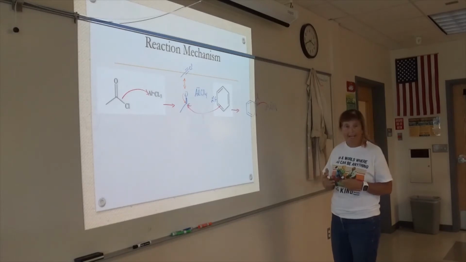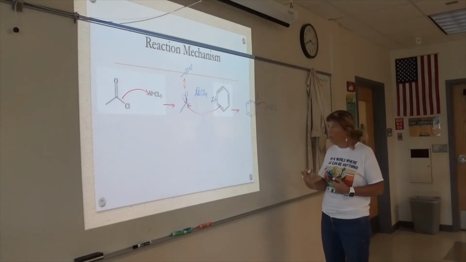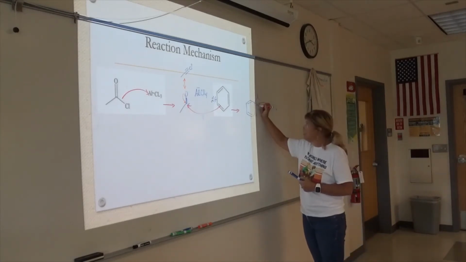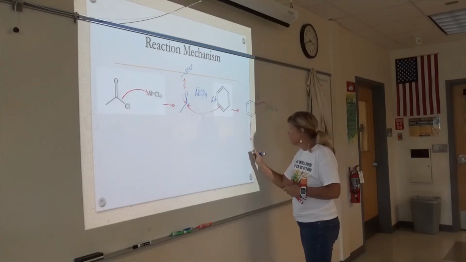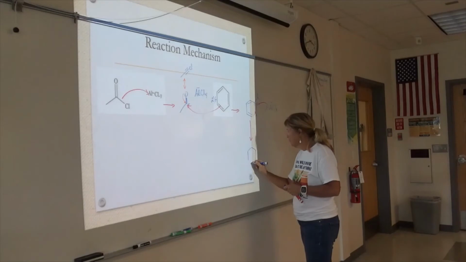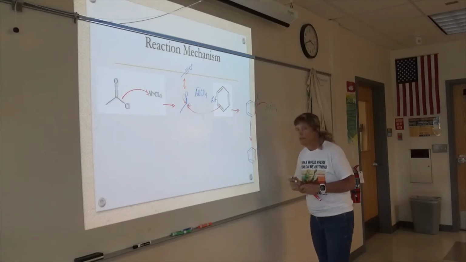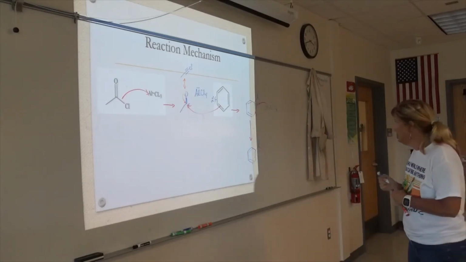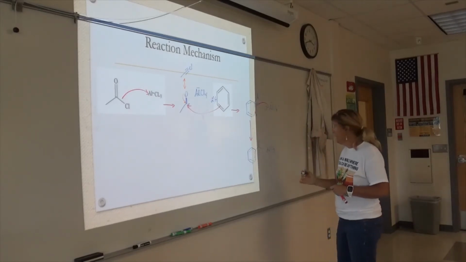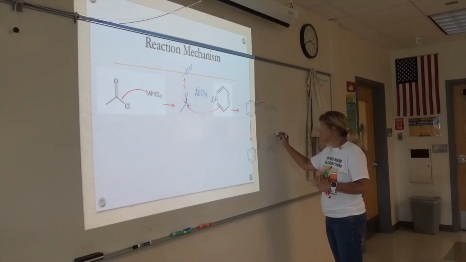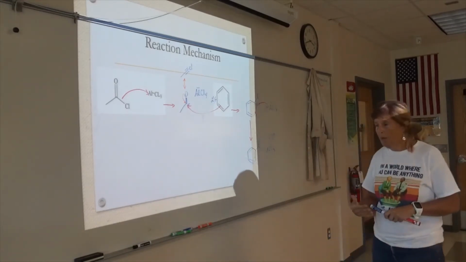Here again, hydrogen only ever makes one bond, so as it accepts that new bond, it has to let go of the old one, and so the carbon that it was attached to is going to take those electrons and make a new bond to the carbon next door, and there's our methylphenyl ketone. We get aluminum chloride as a byproduct. It's our reformed catalyst, and we get HCl, which bubbles out, which will drive any equilibrium to completion.